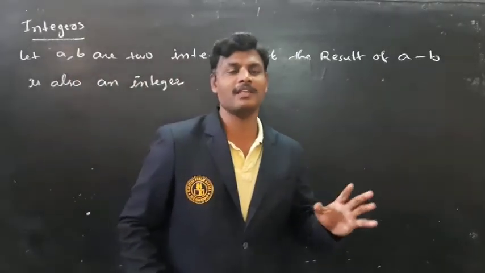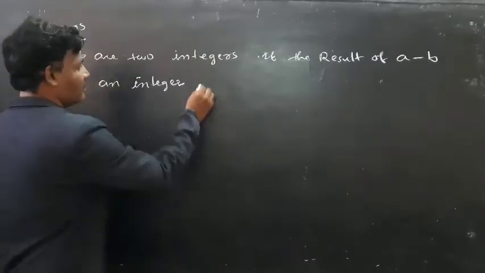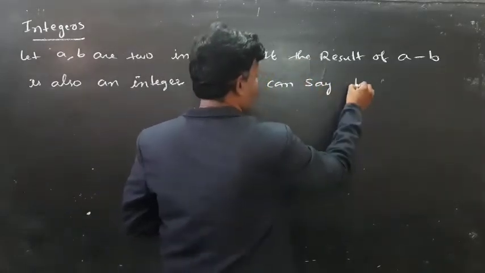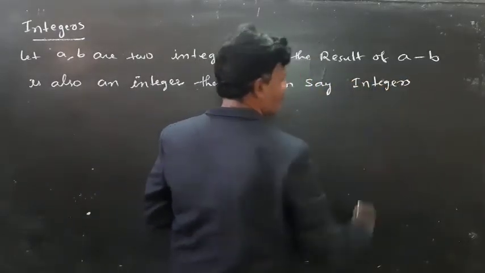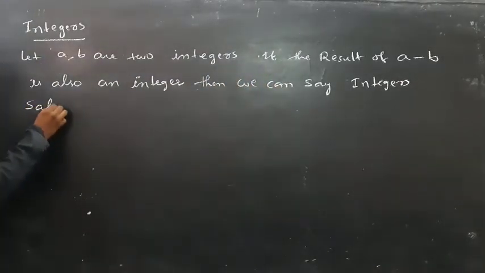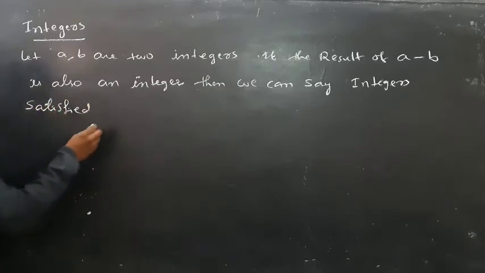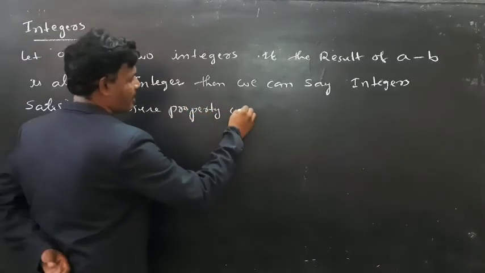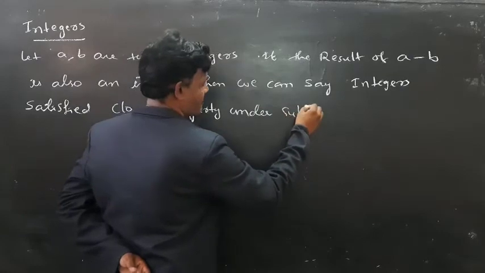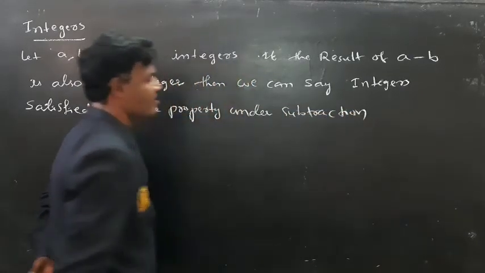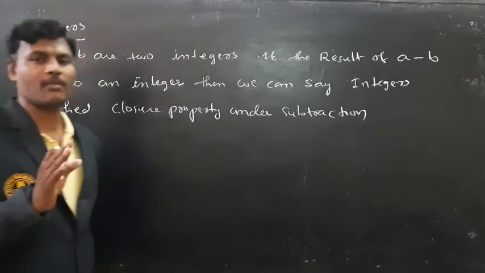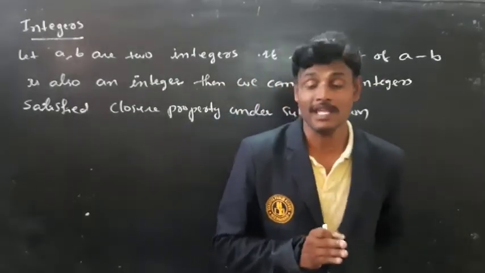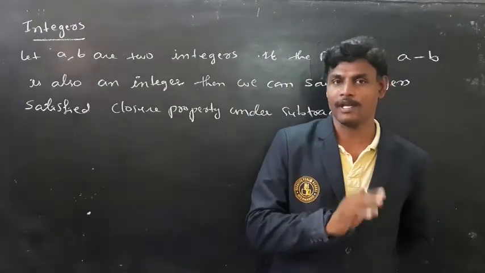If the result of a minus b is also an integer, then we can say integers satisfied closure property under subtraction.